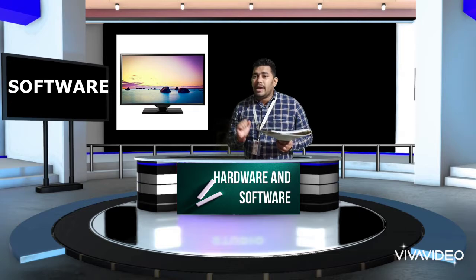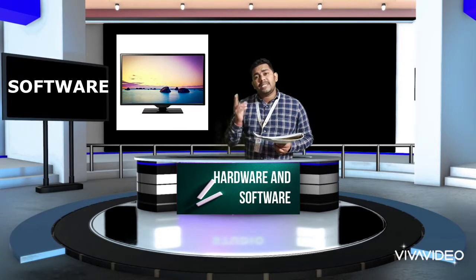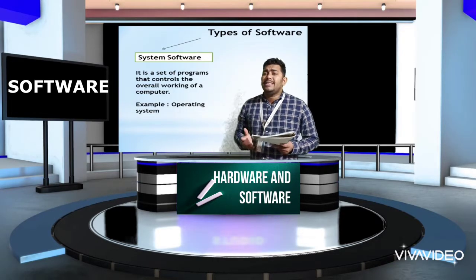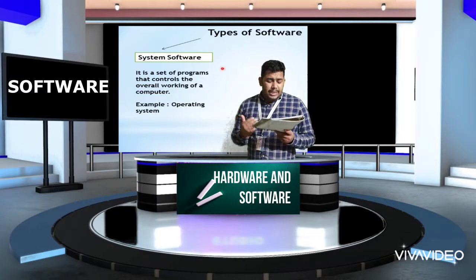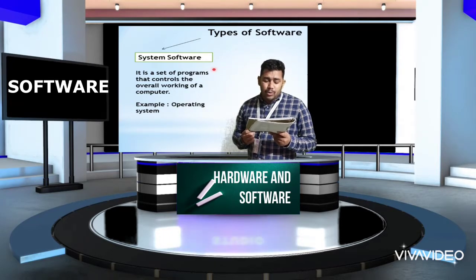Software is of two parts: system software and application software. Now what is system software? You can go through your book. System software makes a computer useful. It helps all parts of the computer work together.